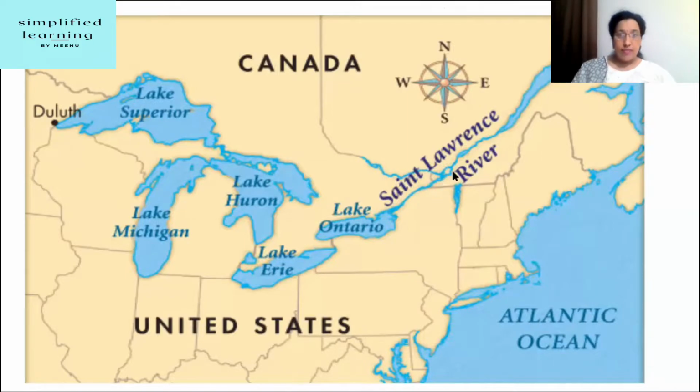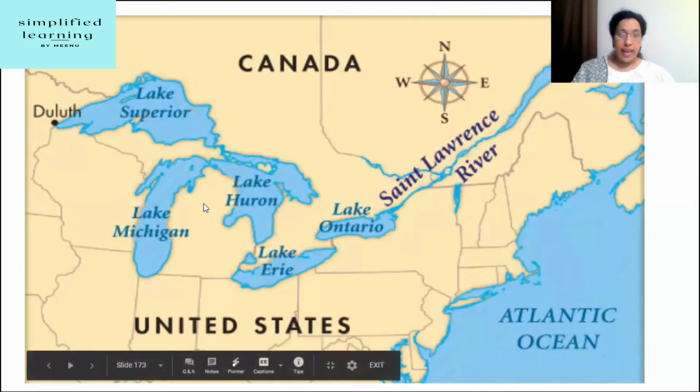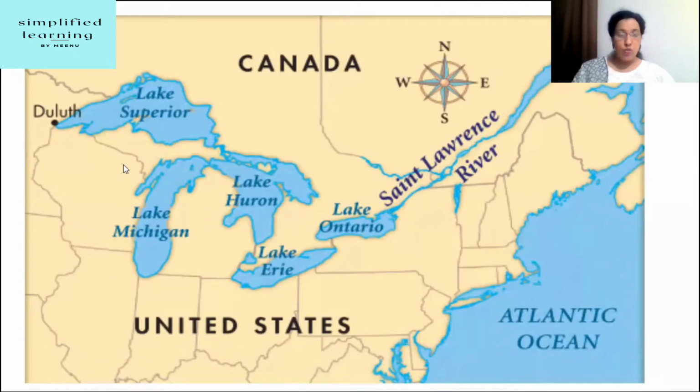The St. Lawrence River you can easily locate here. It connects and drains the Great Lakes. Remember, the Great Lakes comprise 5 lakes: Lake Superior, Lake Michigan, Lake Huron, Lake Erie, and Lake Ontario.